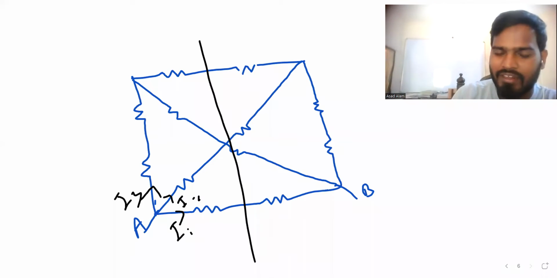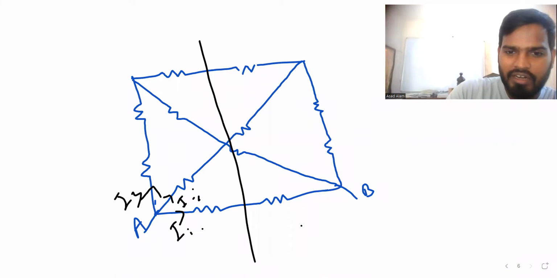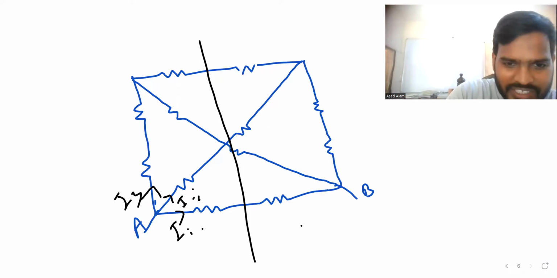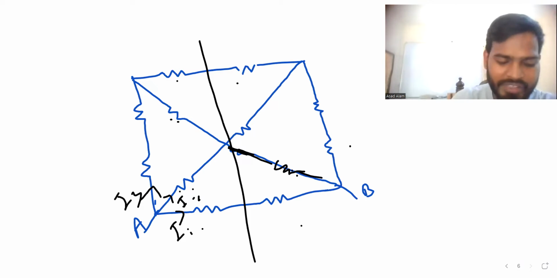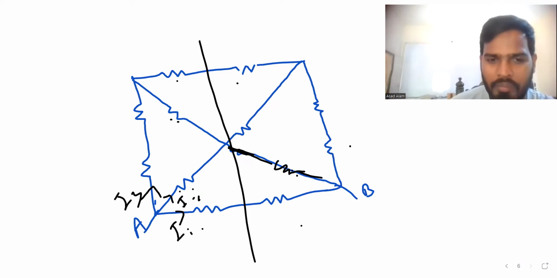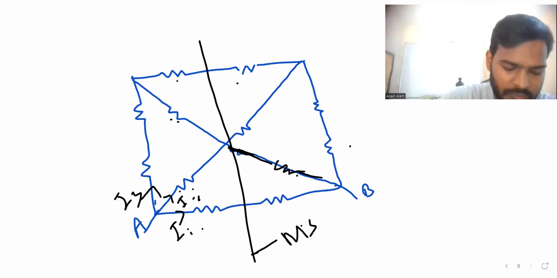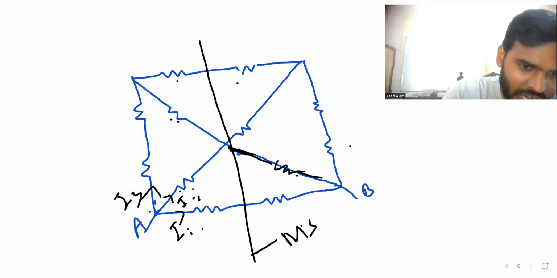Mirror. Put a black color mirror. This resistance should be somewhere here, right? That will be easy, no? R. By that way, we can say yes, it is a mirror symmetry. Same is coming. So now we have I3, and this is I1 and I2.